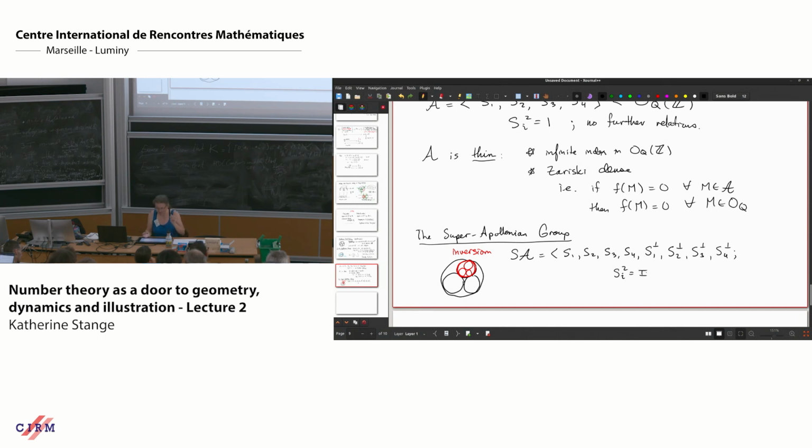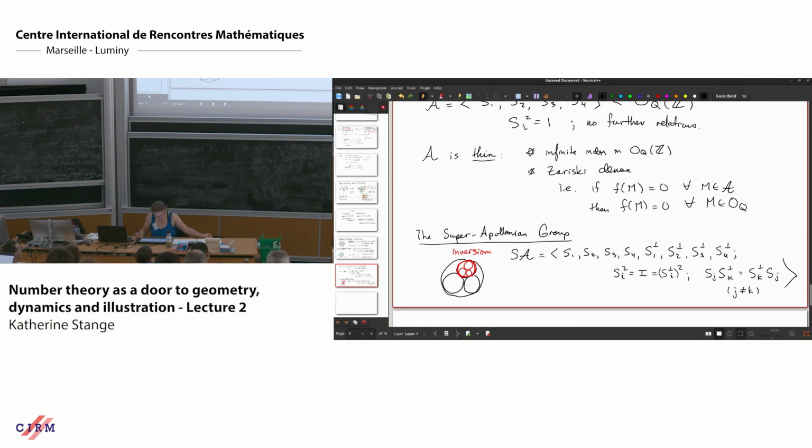So we know that the swaps, and in fact also the inversions, are order 2. And then it's really not a tree, we also have that if you combine a swap and an inversion, then you can commute them when they're different. You can kind of imagine that geometrically if you like. Okay, and so that's what the super Apollonian group looks like.